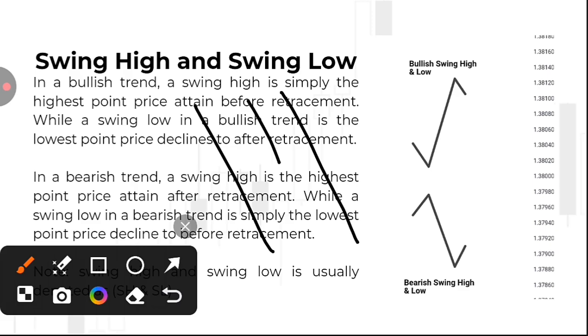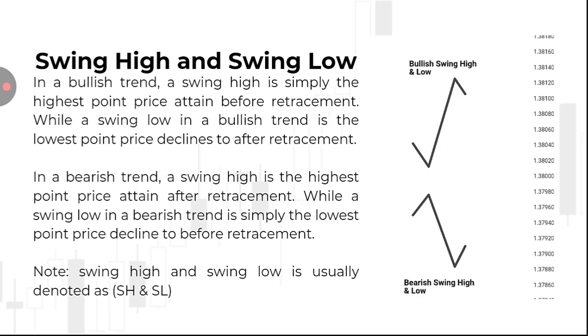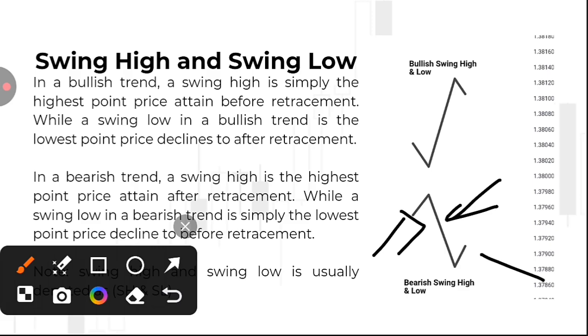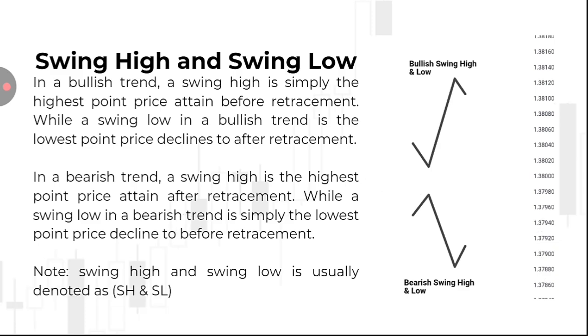When price is going down like this, this is how a bearish swing looks. Right here, a bearish swing is this move in the middle, and this opposite move that we have right there is called a retracement.